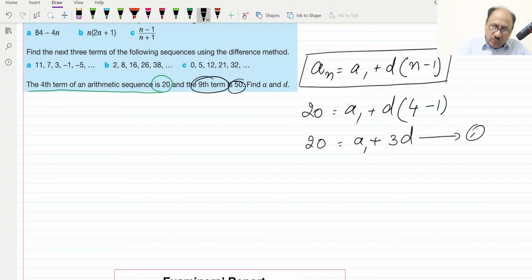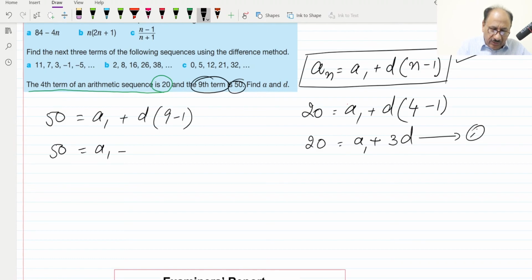And the second equation we can form from here. Ninth term is 50, so we replace in this formula. 50 is equal to a1 plus d, we know this is the ninth term, so 9 minus 1, and we can rewrite this as 50 is equal to a1 plus 8d, and this will be our equation 2.